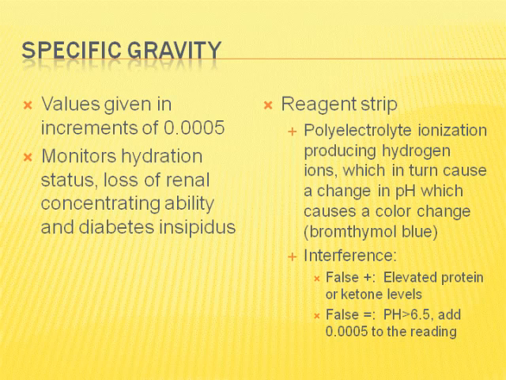Interferences include elevated protein or ketone levels with a false positive, and pH greater than 6.5, you want to add 0.0005 to the reading. Again, we're talking about this in the reagent strip or the dipstick method, not the refractometer or urinometer.